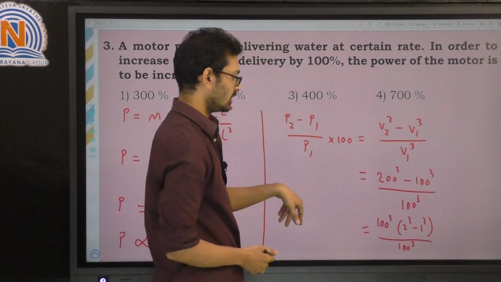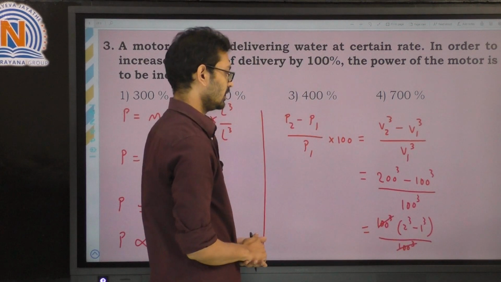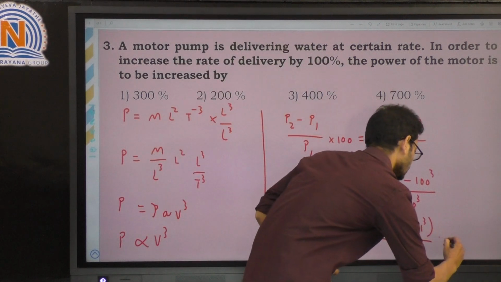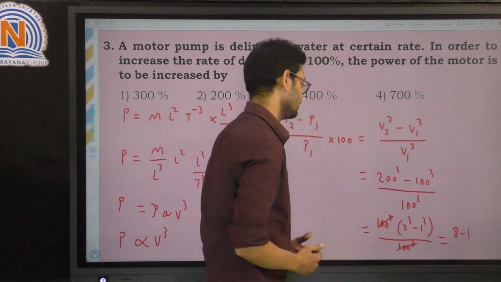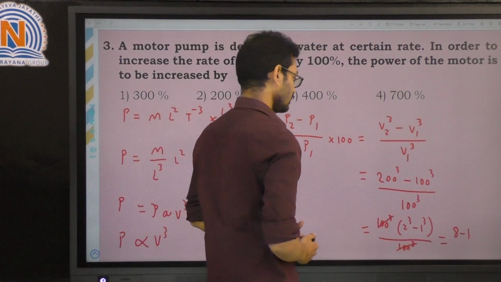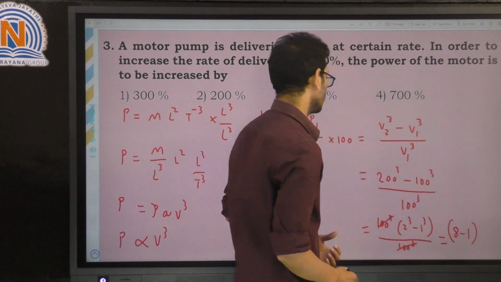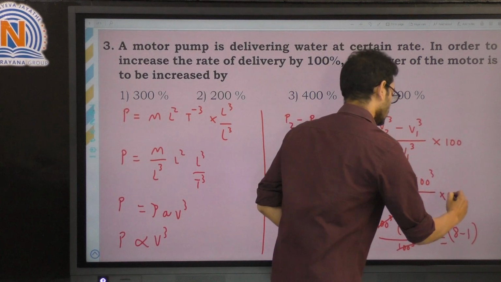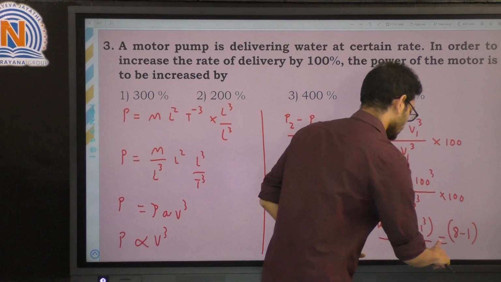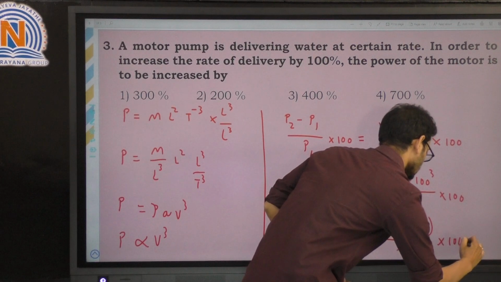We cancel 100 cube and 100 cube, and you will be left with 8 minus 1, into 100. I forgot that, into 100, we are converting it into percentage.